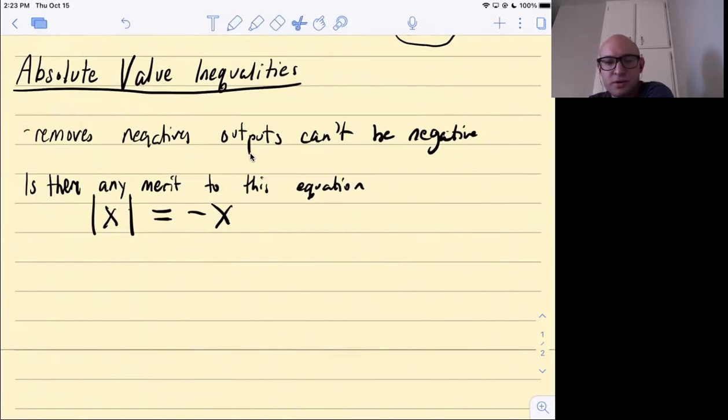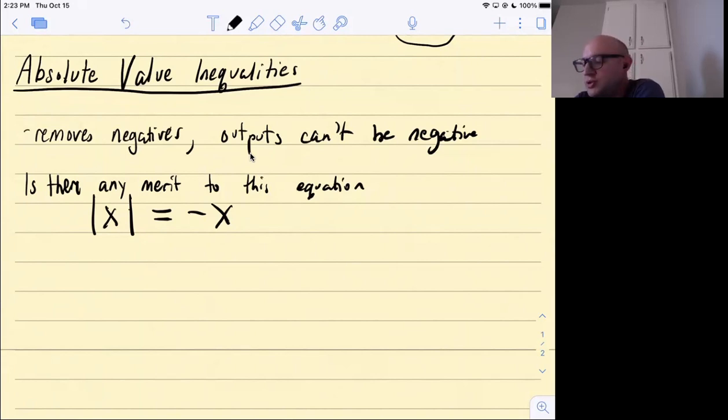Let me rewrite this one. Anyone gonna defend some way to interpret this other equation? Can this ever happen?